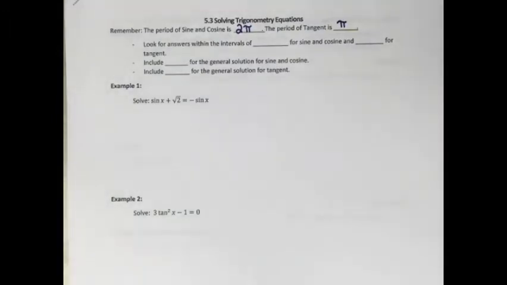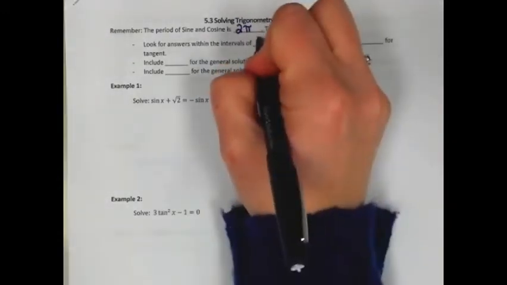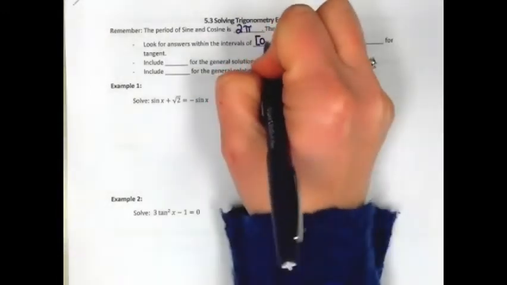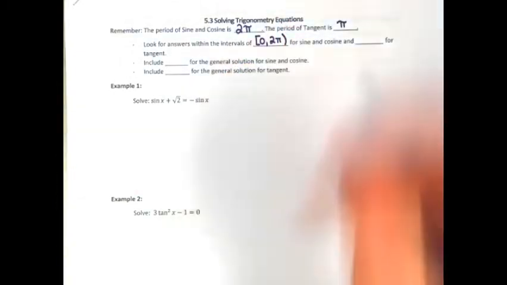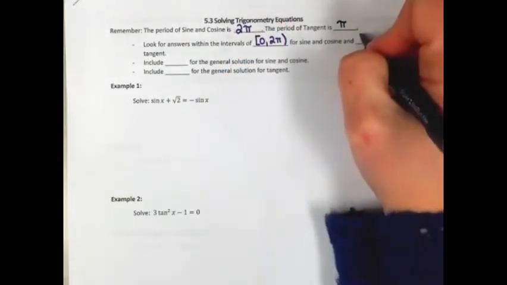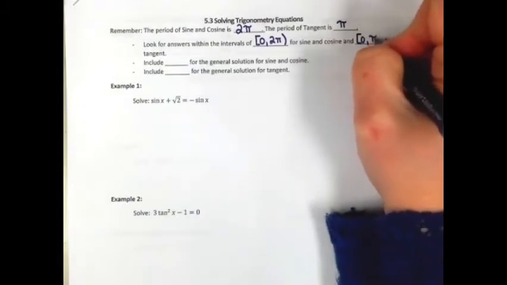Just pi units, okay? So when we look for the actual values, we're going to look for answers in the intervals of 0 to 2 pi for sine and cosine, and from 0 to pi for tangents, okay? However, we know our curve keeps on continuing every time, right?